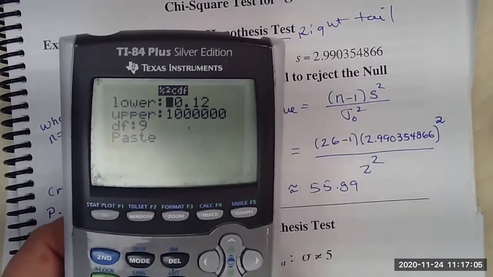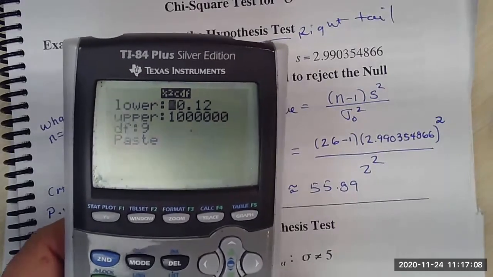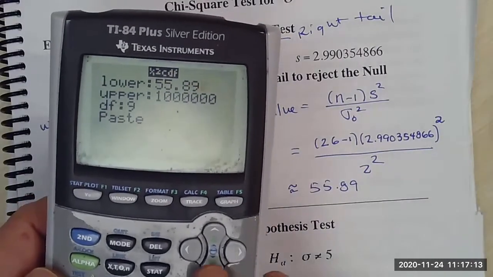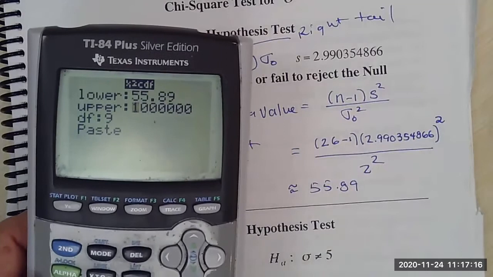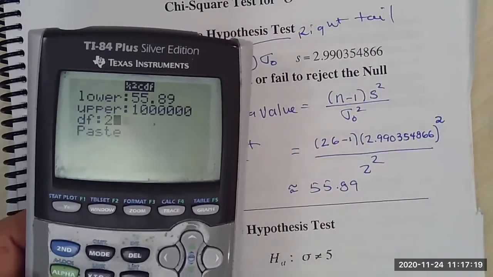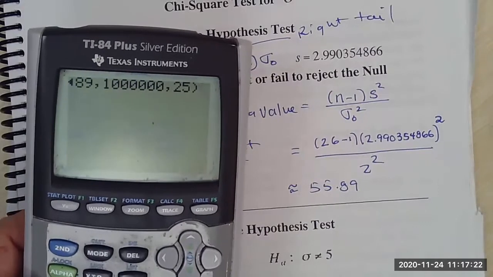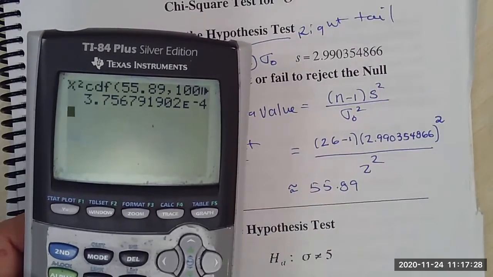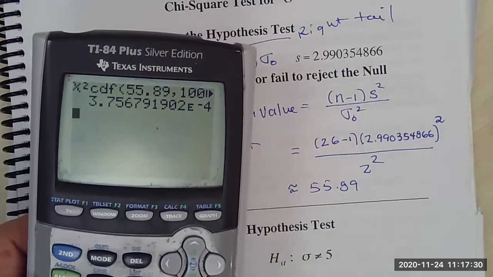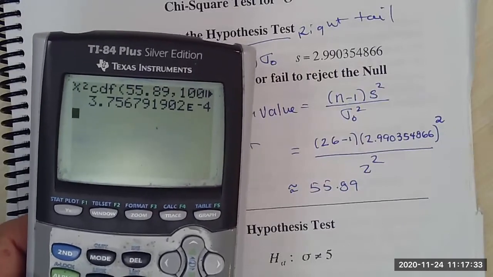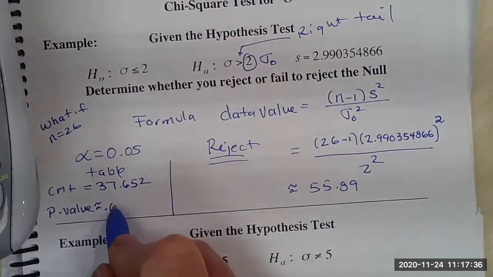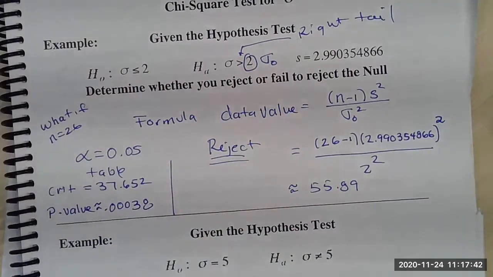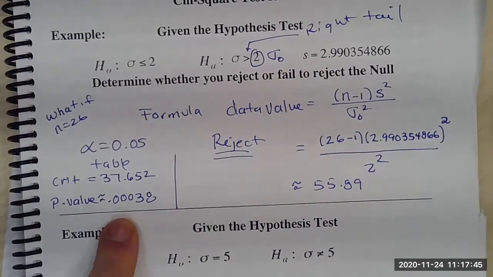I put in my data value, and the degrees of freedom, which is 25. Paste, enter. Small: 0.000, three zeros and a 37, about 3.8 times ten to the minus something. Yeah, that's less than alpha. So again, reject the null.